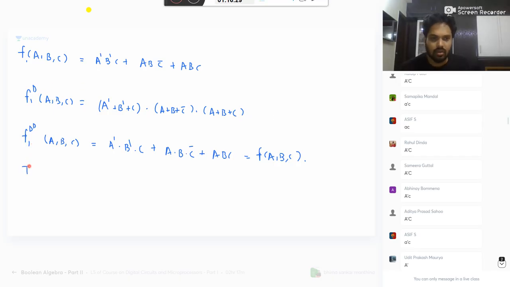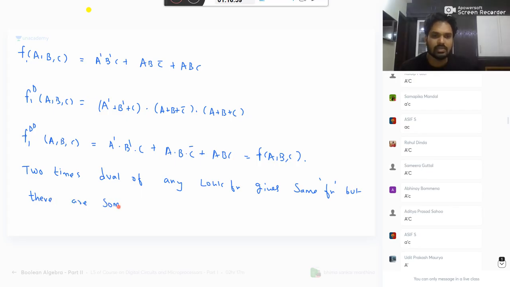Now please listen. Two times dual of any logic function gives the same function, but there are some cases where one time dual itself gives the same.